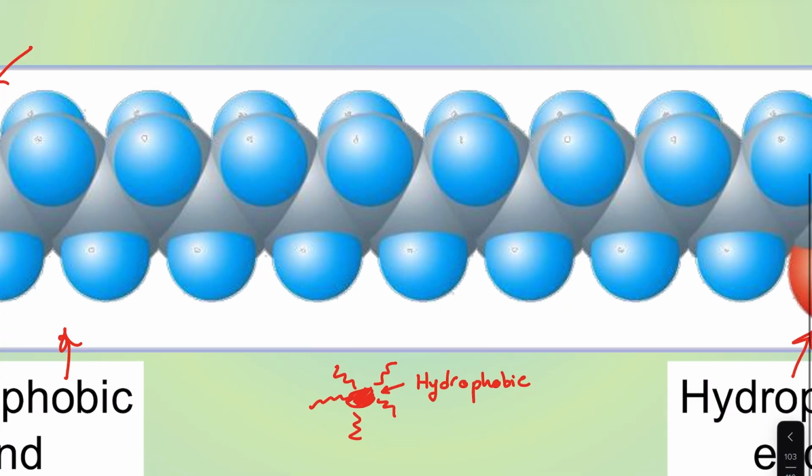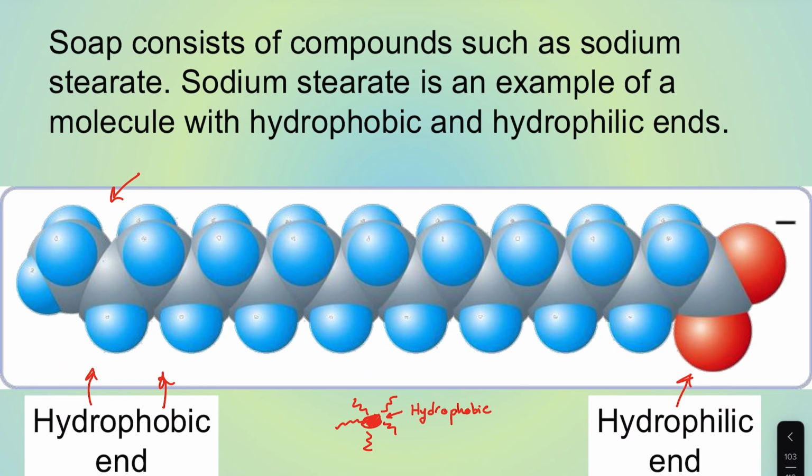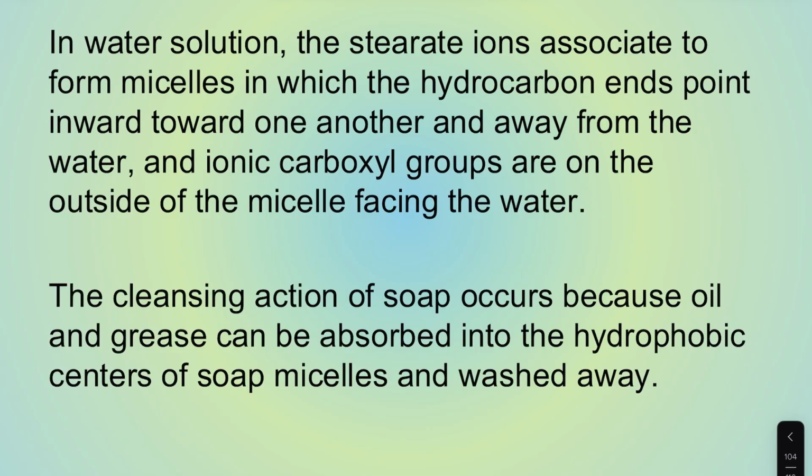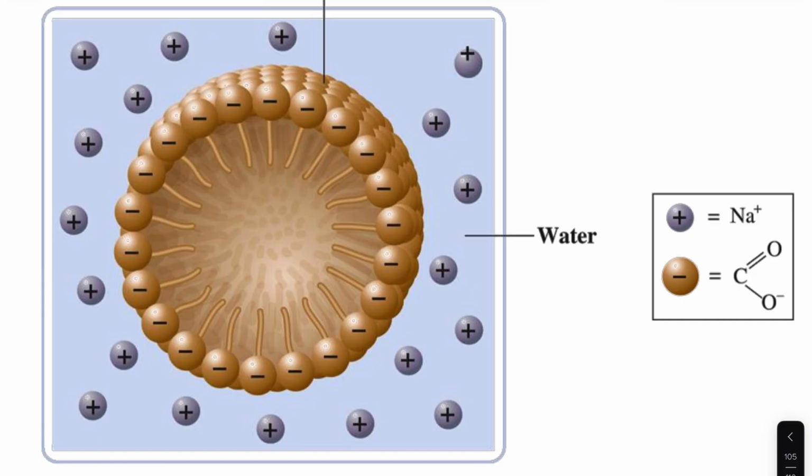The hydrophilic stuff would probably just be able to be dissolved in water because that's going to be closer to what water looks like, and it is going to be able to be dissolved by that. So that's about where I'm going to end. I'll show you this right here, but this is what the micelle would actually look like. So in the center, you would have some chunk of food.